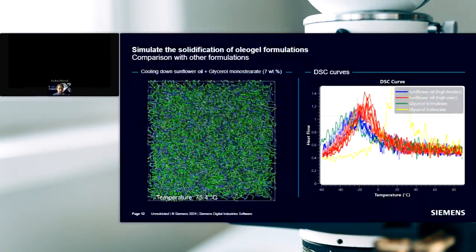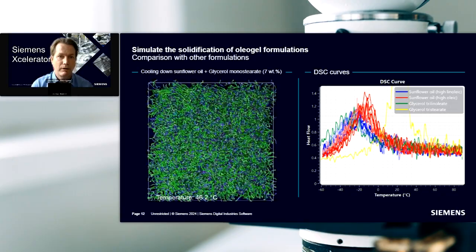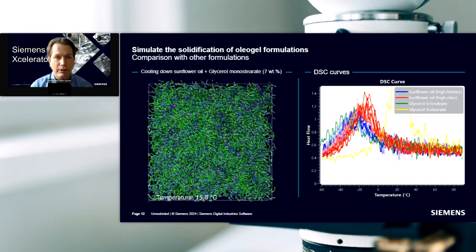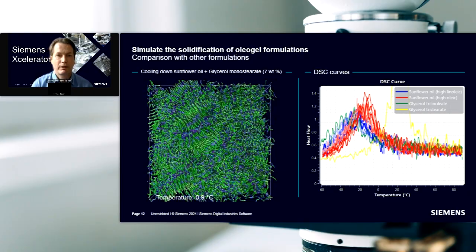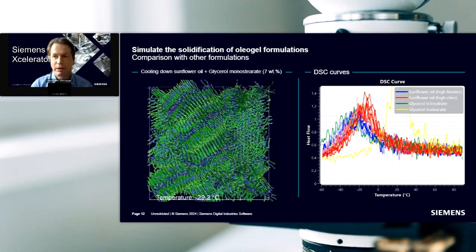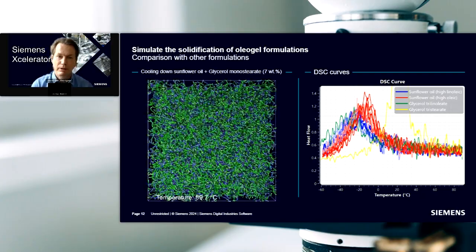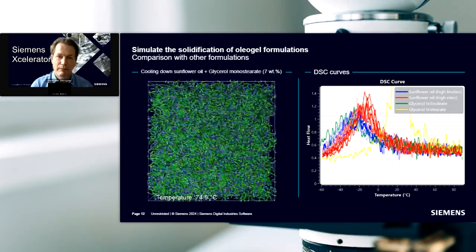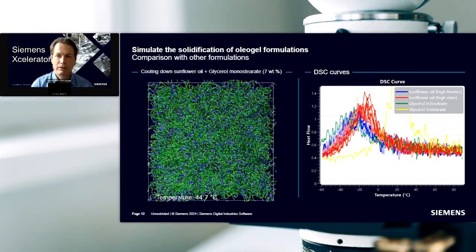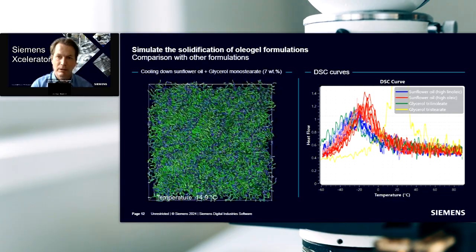Another example, a little bit more advanced, is the solidification of oleogel formulations. What we do here is we have sunflower oil, and we add glycerol monostearate to it. And then you see also that we can apply a temperature gradient. So we start at high temperature, and at some point we start the cooling process very quickly. And you see the emergence of these crystalline domains appearing in the simulation.